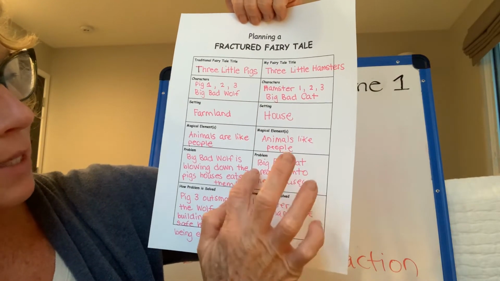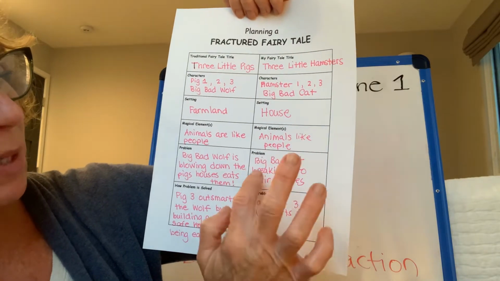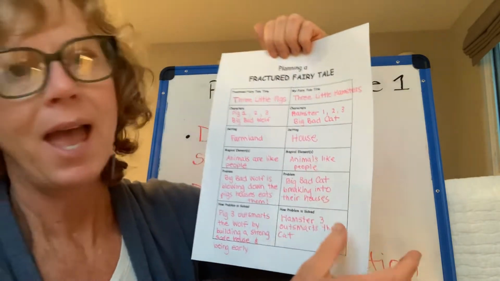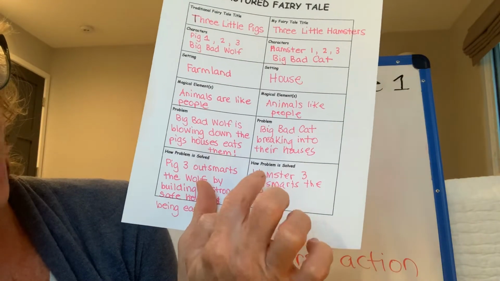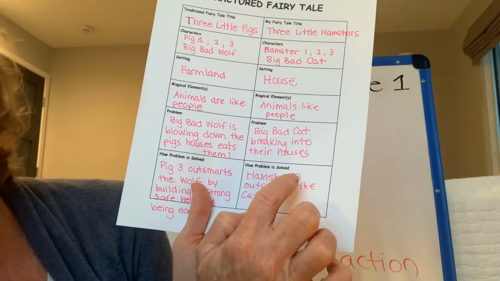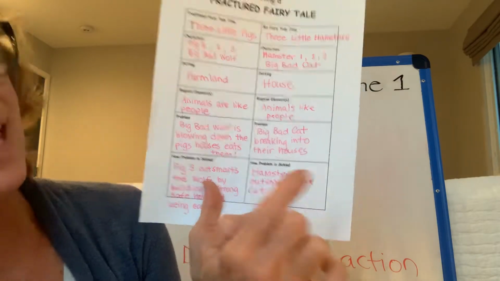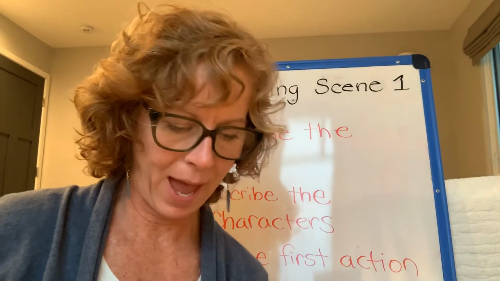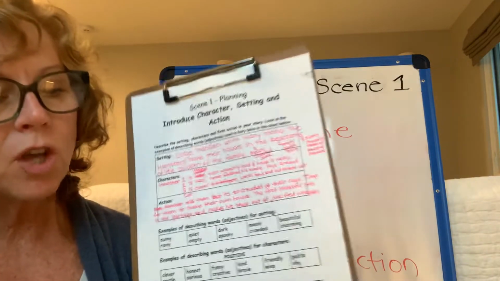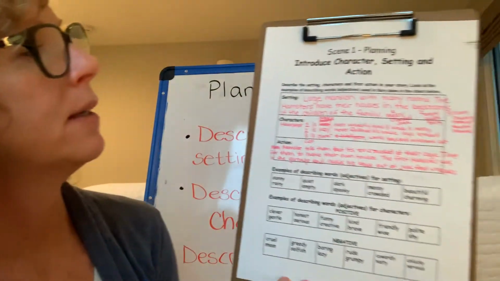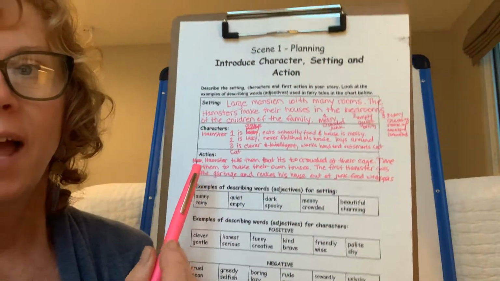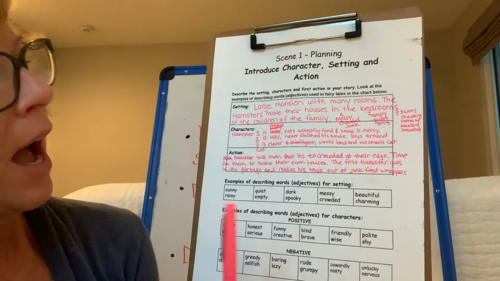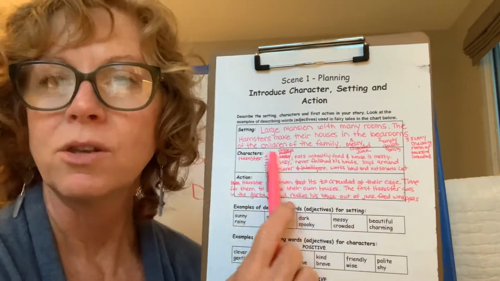The problem is a big bad cat keeps breaking into their houses and eating them. The problem is solved by the third little hamster. He outsmarts the cat.